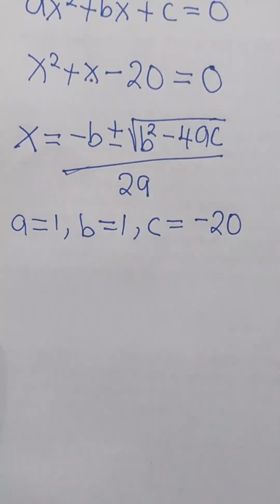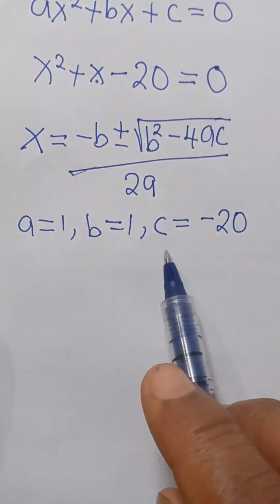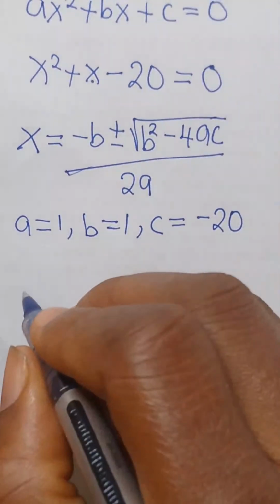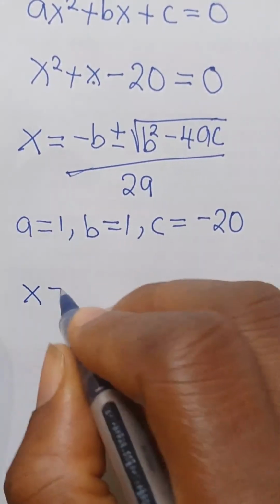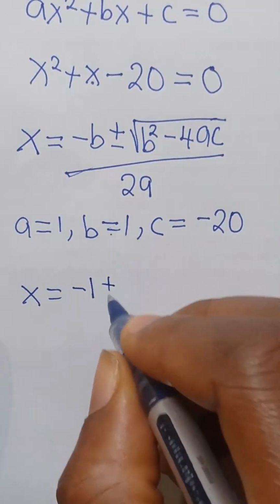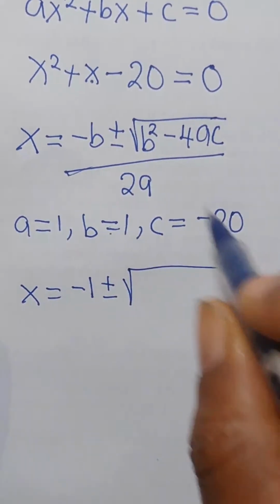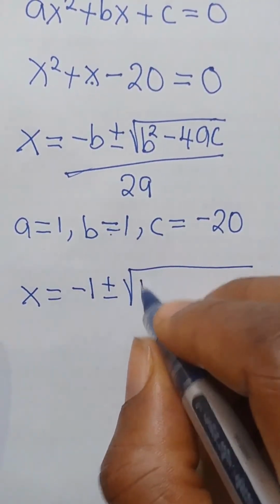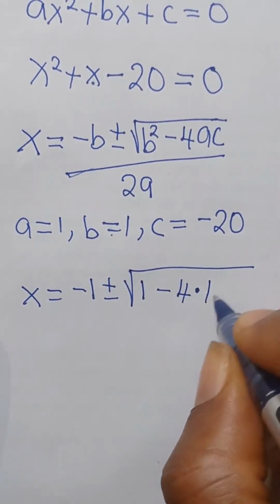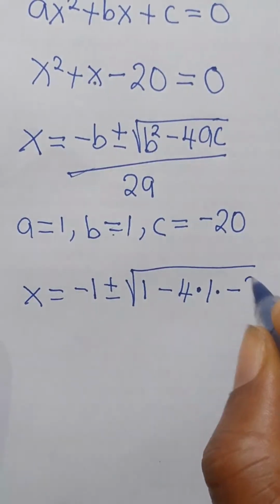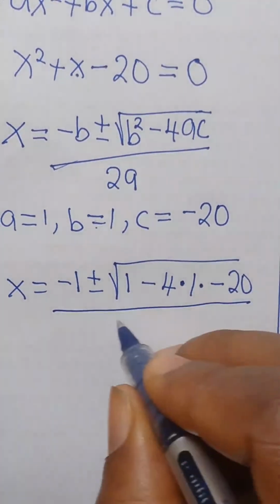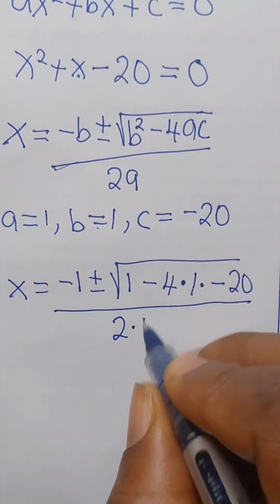Now we substitute a, b, c into the quadratic formula. So x is equal to minus b, that is minus 1, plus or minus the square root of b squared, which is 1, minus 4 multiplied by a, which is 1, multiplied by c, which is minus 20, all over 2a, which is 2 times 1, that is 2.